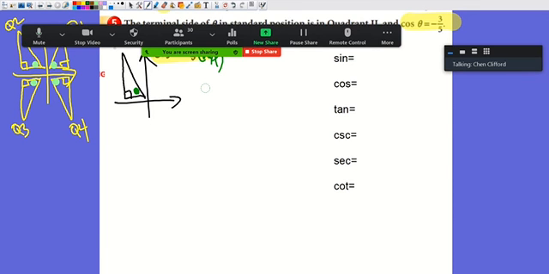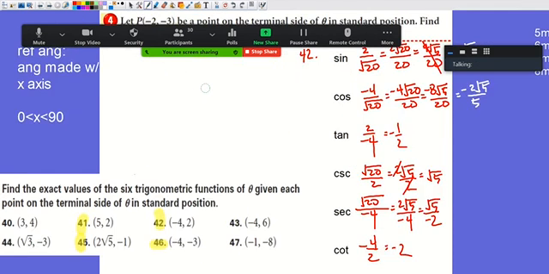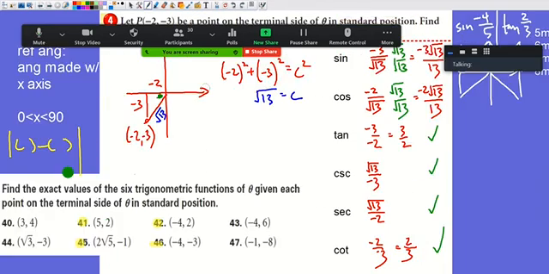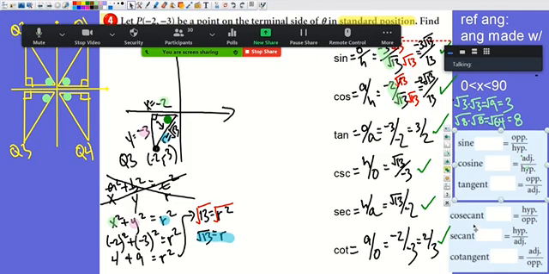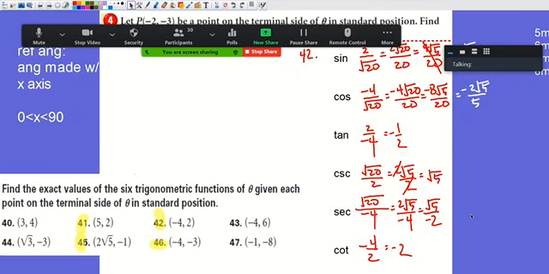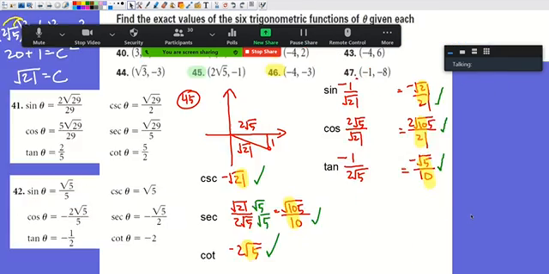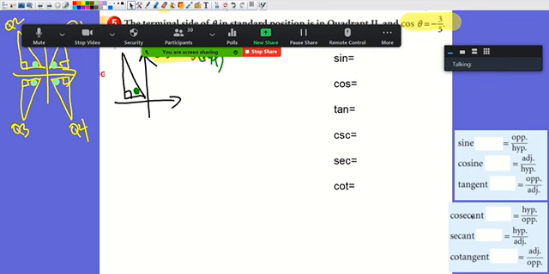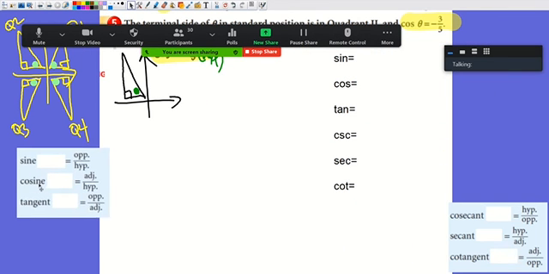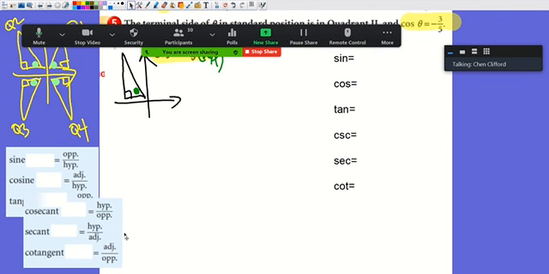Okay, let's see if I can bring back those two blue boxes we had before. There we go. Cosine is going to be adjacent over hypotenuse.